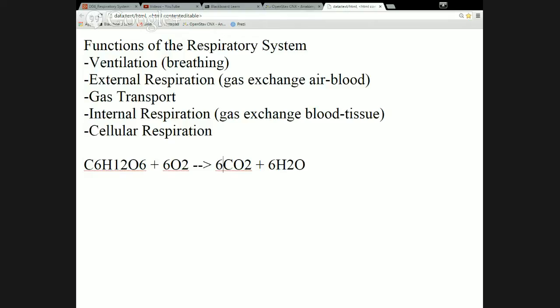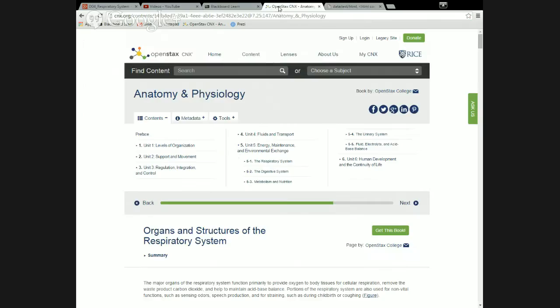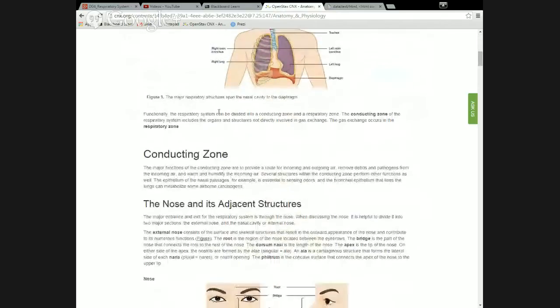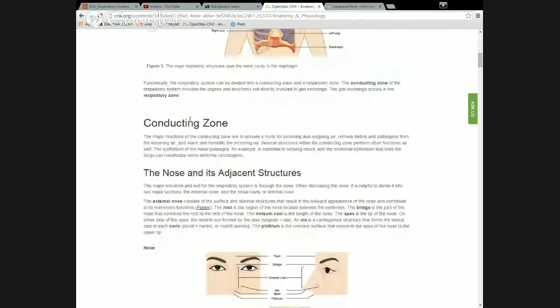Like I said, what I want to talk about is the anatomy of the system, and then concentrate on how breathing works, and then concentrate on how gas is exchanged. In the book, with the organs and structures of the respiratory system, it describes the conducting zone, and then a little while after laying out all those parts, talks about the respiratory zone.